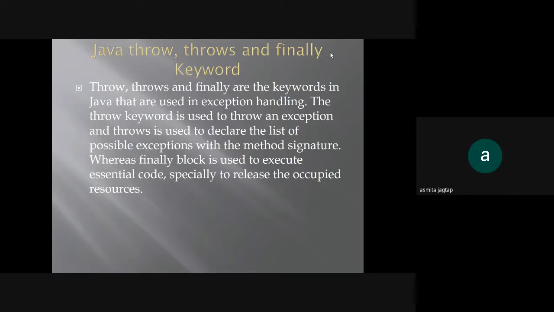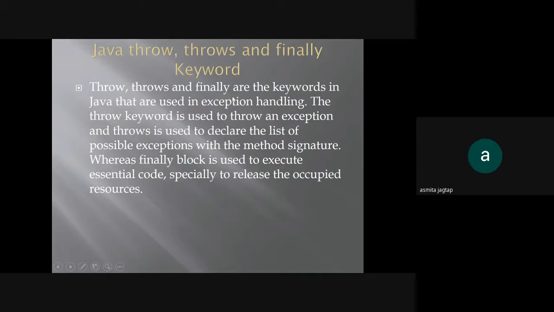Okay, so this throw is used explicitly. These things are not done by Java for us. These things we write in our program to make our program perfect while execution, in real-world life.